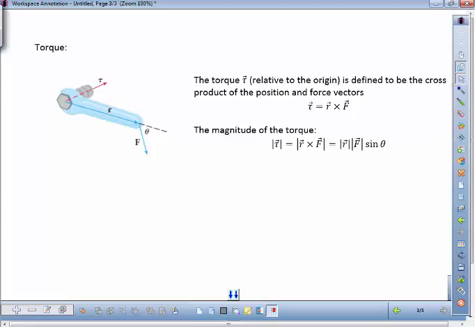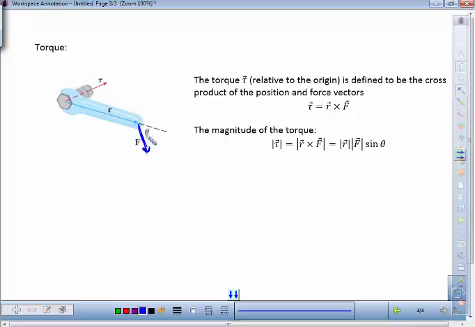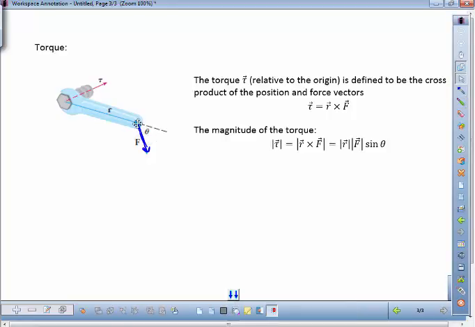What we'd like to think about is the force that you're actually pushing with at the end of that distance vector, or position vector, being measured as if transposed back to the origin.